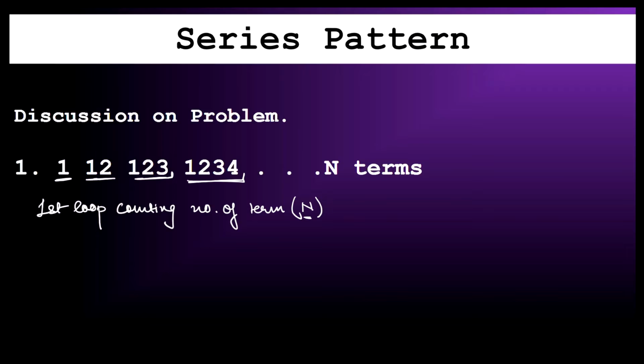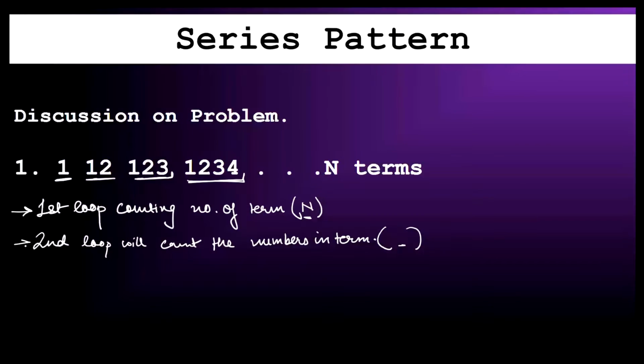And the second loop will count the numbers in the term, and how long that will run, we will decide. We have not said that previously. So there have to be two loops, that's for sure. One loop will count the terms, and the other loop will count the numbers within these terms.